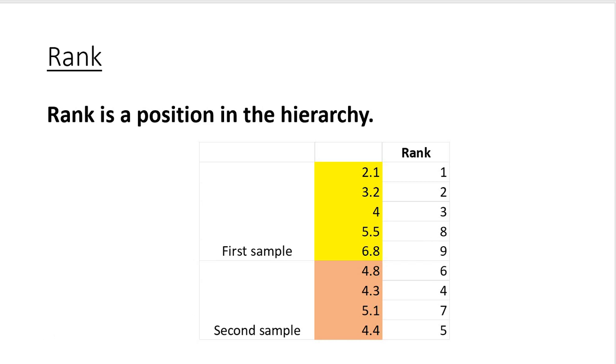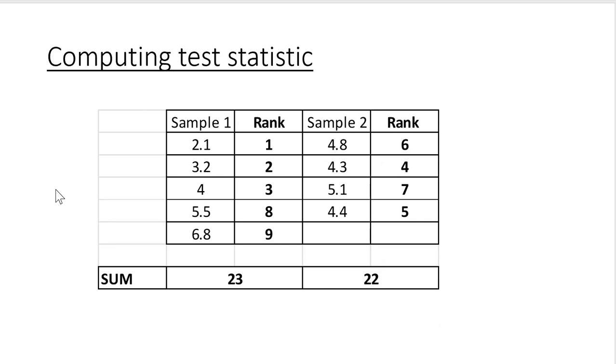So the idea here is pretty intuitive, and once you figure out those ranks, you can just put them to the table for the first and the second sample to calculate them separately. So here, for the first sample, sum of ranks is equal to 23, and for the second sample, sum of ranks is equal to 22.